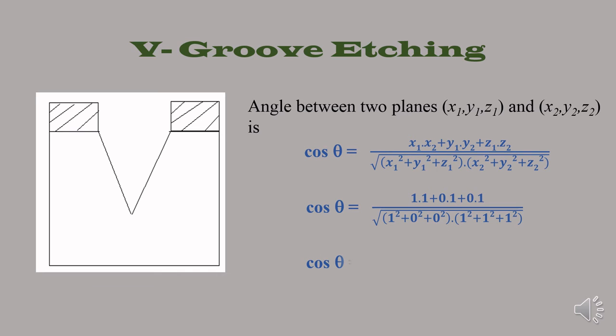What do we get from this equation? Cos theta equal to 1 by root 3. That means theta equals 54.74 degrees.